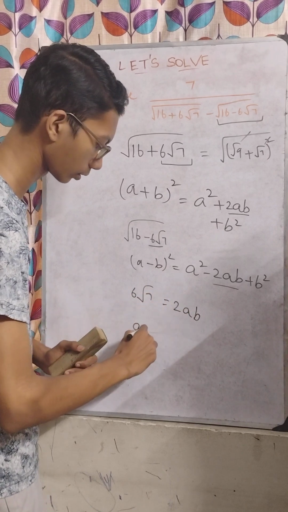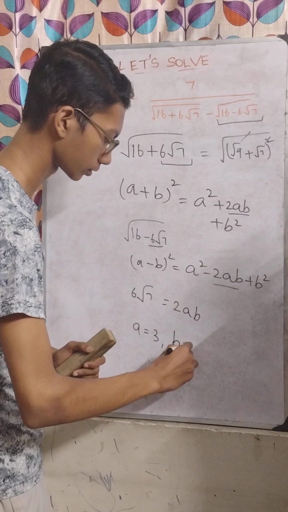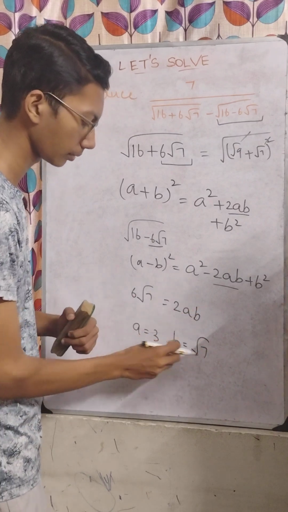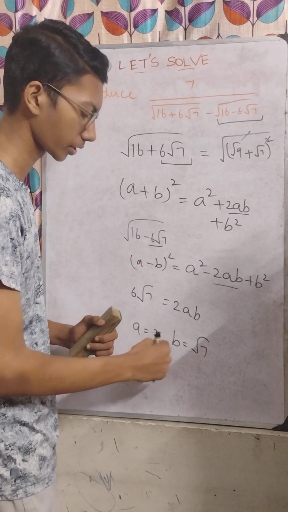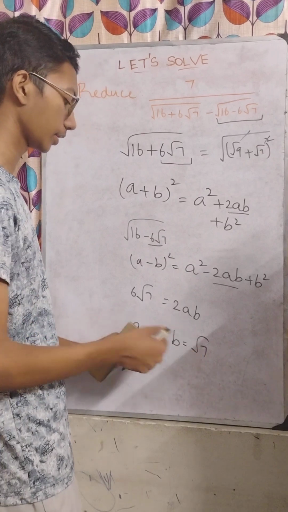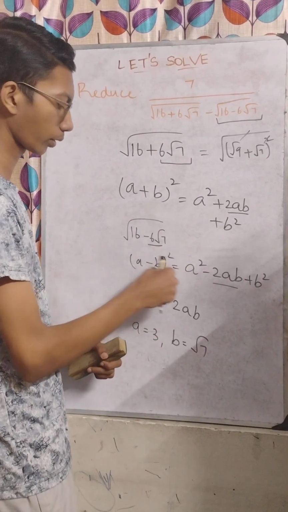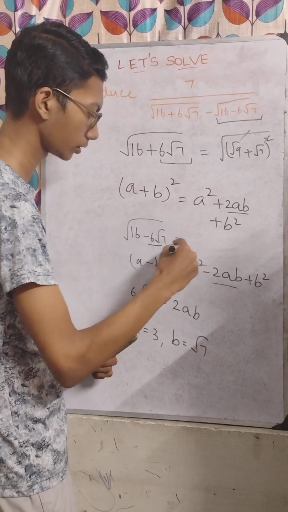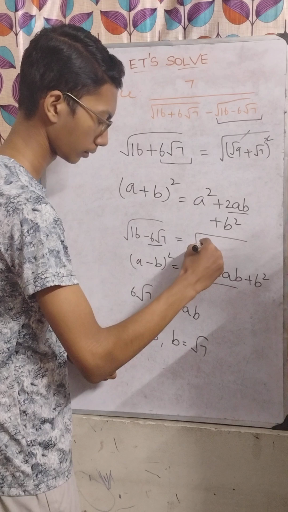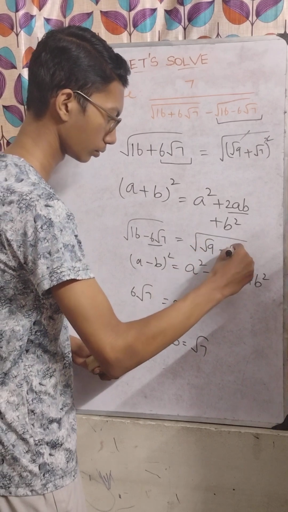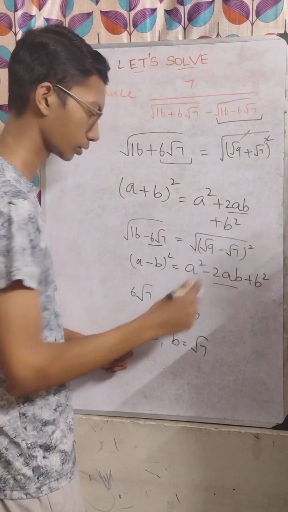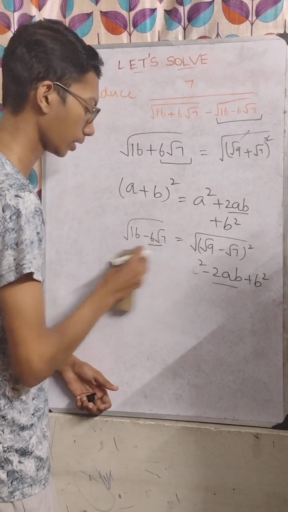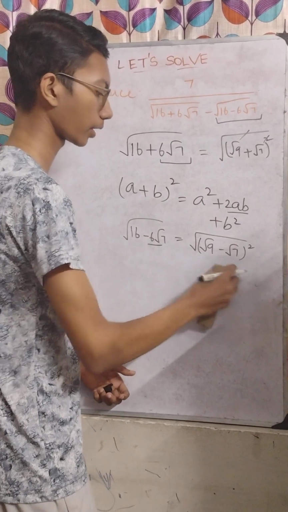So again a equals 3, b equals root 7. We can either take a as 3 and b as root 7, or a as root 7 and b as 3. Both can be interchanged because it is inside the square term. So we equate this as the square root of root 9 minus root 7 the whole square. So this is how we have reduced the square root terms.